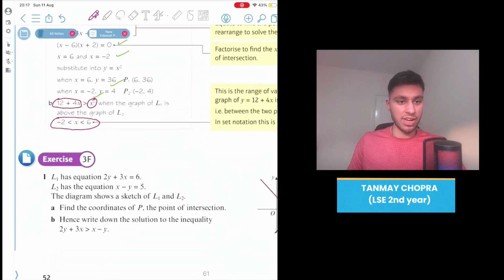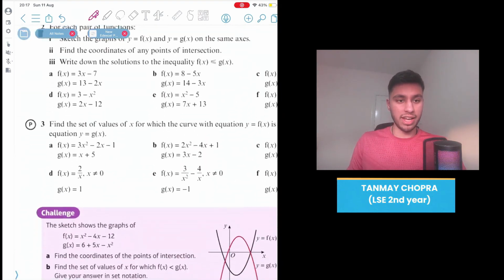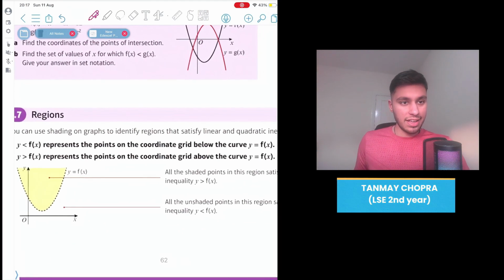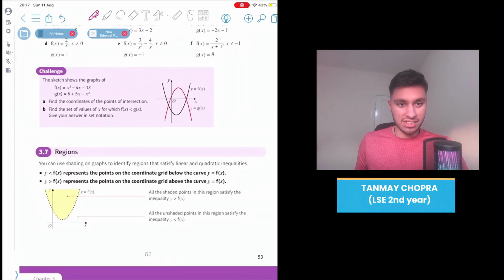Now this is exercise 3F. So I'm going to move on to the next subtopic, which is regions. Now you can read what is being said here, but I'm going to explain it in my own way. It says y is greater than f of x represents the region above the quadratic, so if I go down there, it's below y equals f of x.